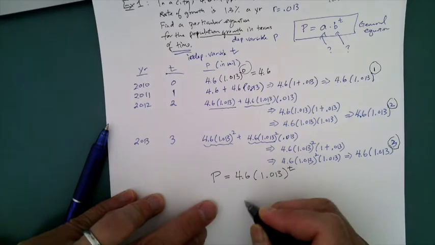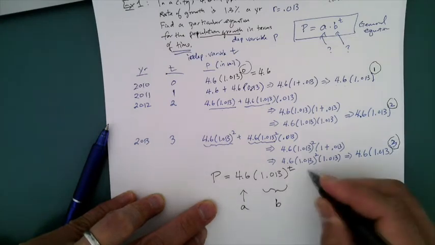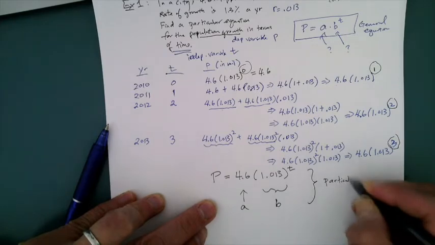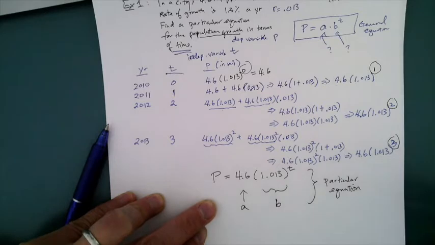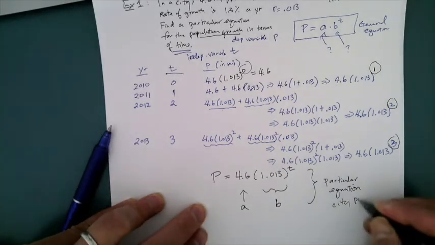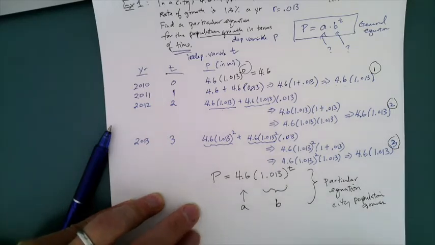So I now know what A is. I now know what B is. And so I know that this whole thing is my particular equation for this particular context, the city population growth in particular.